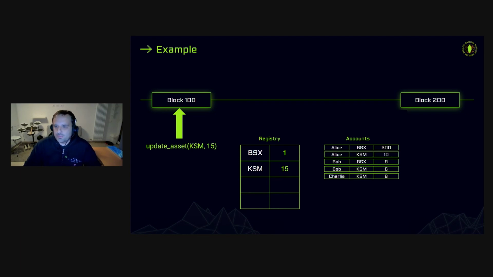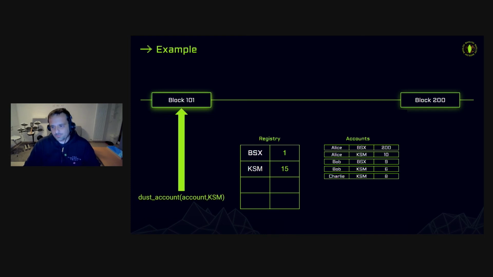So let's jump one block forward, so we can write all the changes regarding the KSM deposit to the storage. And now we can call the dust account method. We can see that we can dust Charlie's account, Bob's account, and Alice's.